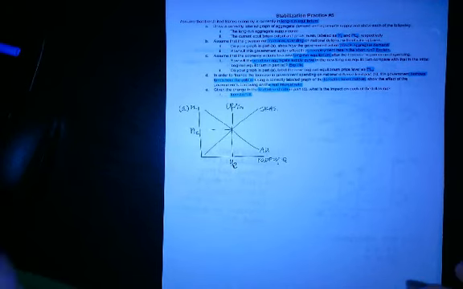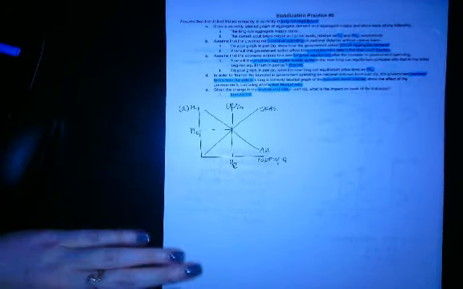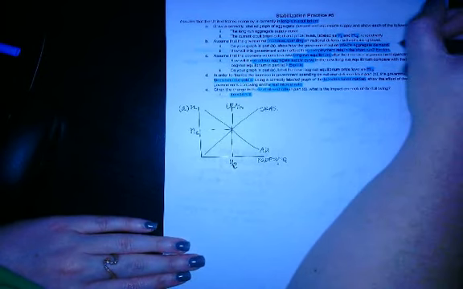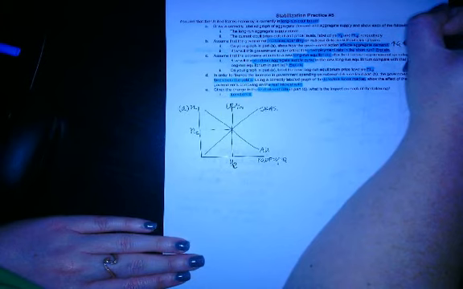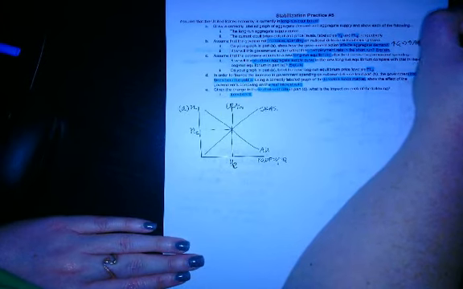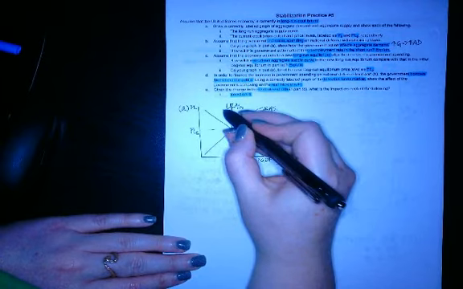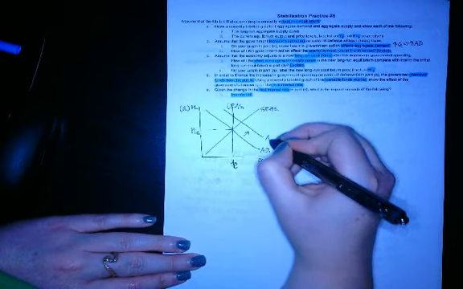B, assume that the government increases spending on national defense without raising taxes. In your graph in A, show how the government action affects aggregate demand. Well, we know an increase in G is an increase in aggregate demand. So we can go ahead and shift AD. We're going to increase it, so we're going to go to the right, label that AD2.